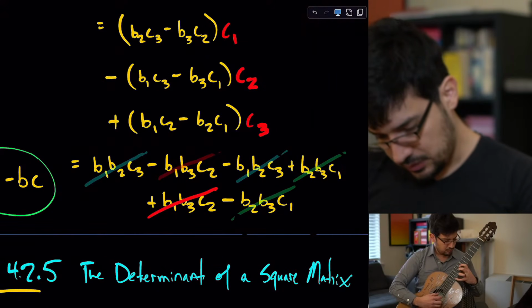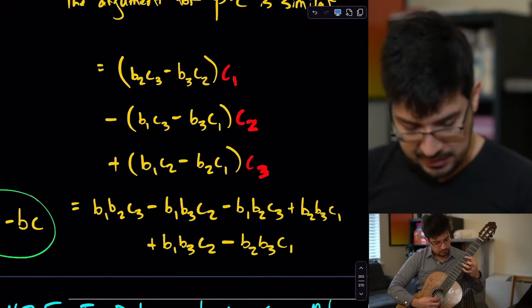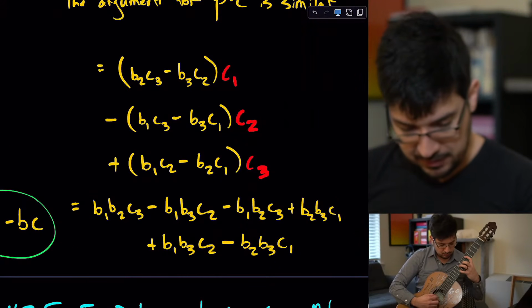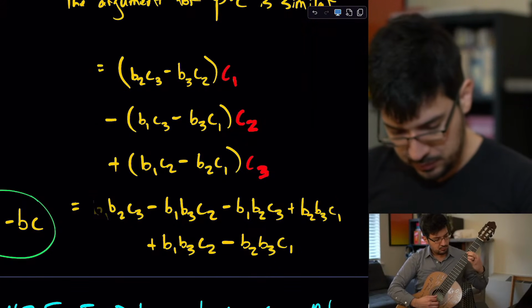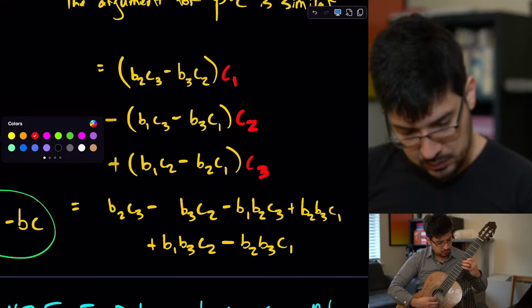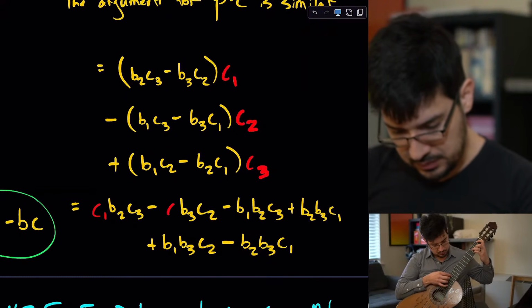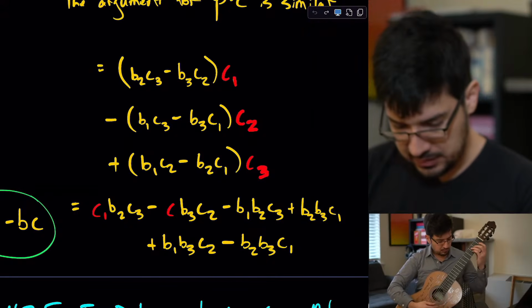Let's get rid of those. It's going to be pretty much exactly the same, except in the first term, we distributed B1 here. Now we have C1, C2. Oh, wait, no. C1 and C1.